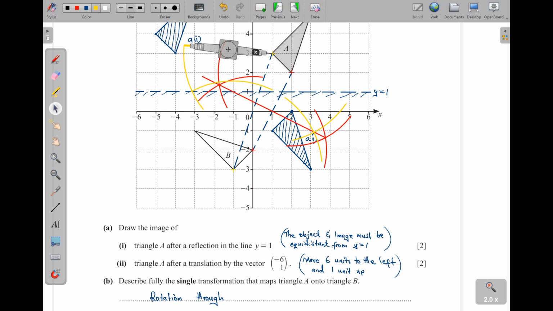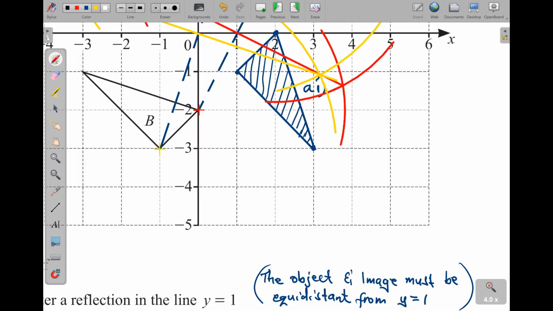Okay, so what I'm supposed to do is to draw a line that connects this point to this one here where they meet, and then where these two meet is the center of rotation. And maybe I wasn't all that perfect, but you can see it has to be that point there.